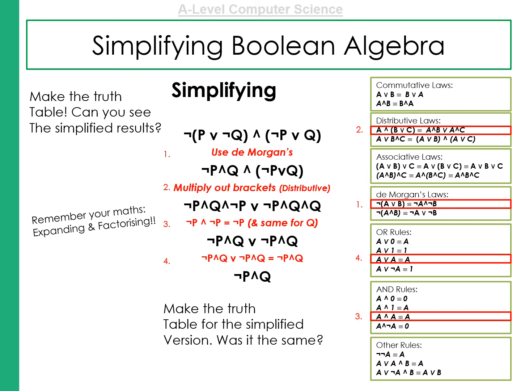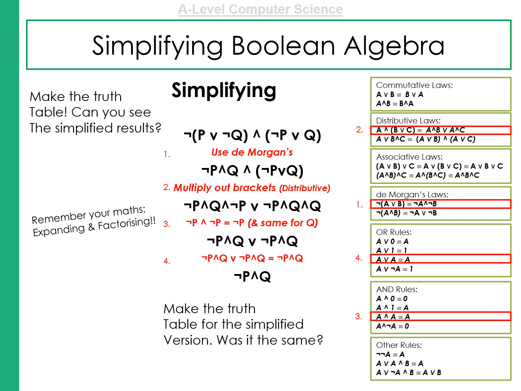We can now also do the same for Q. So Q and Q is just Q. So this gives us not P and Q, or not P and Q. So not P and Q, or not P and Q is just not P and Q. And there's our answer.